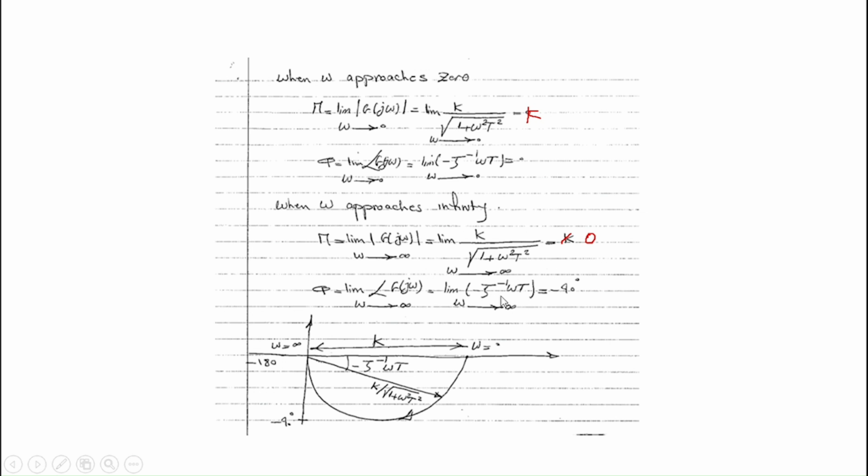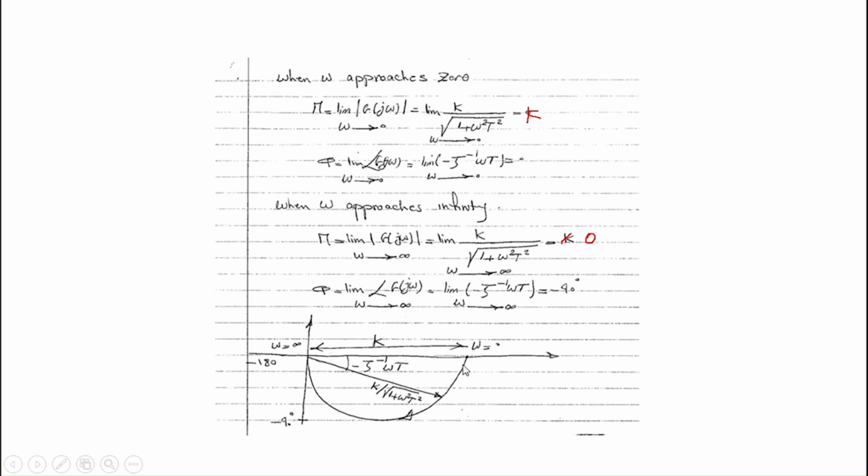So when we plot this, at omega equal to 0 the magnitude is k, and the phase is 0, so there will be a point on this axis, right here. When omega approaches infinity, the magnitude is 0 at an angle of negative 90 degrees, so there will be a point at the origin.